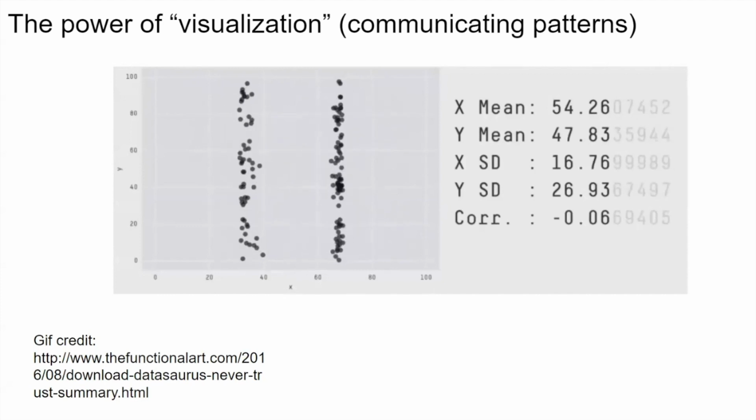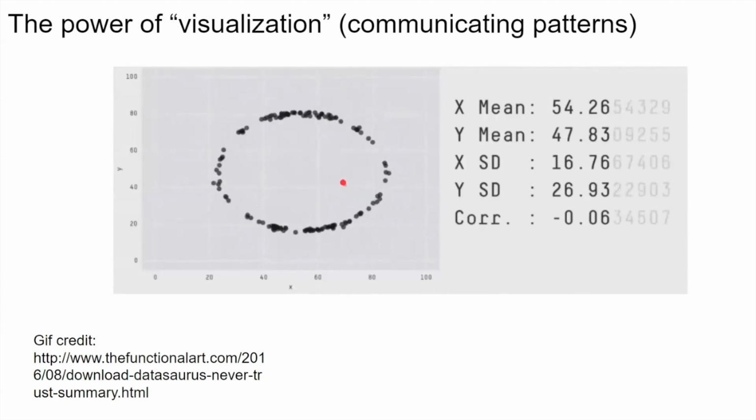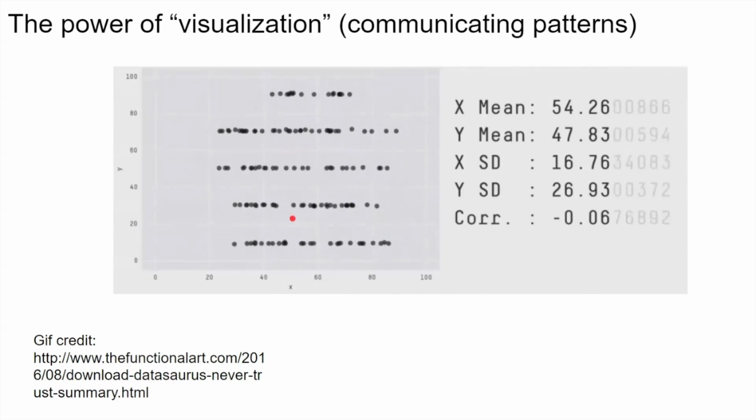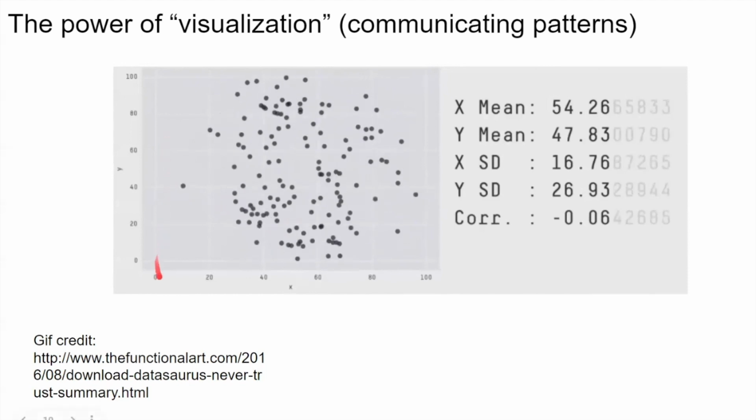I really like this animated slide, which shows basically a scatter plot, which I think you will have talked with your students about, plotting points on an x-axis and a y-axis.